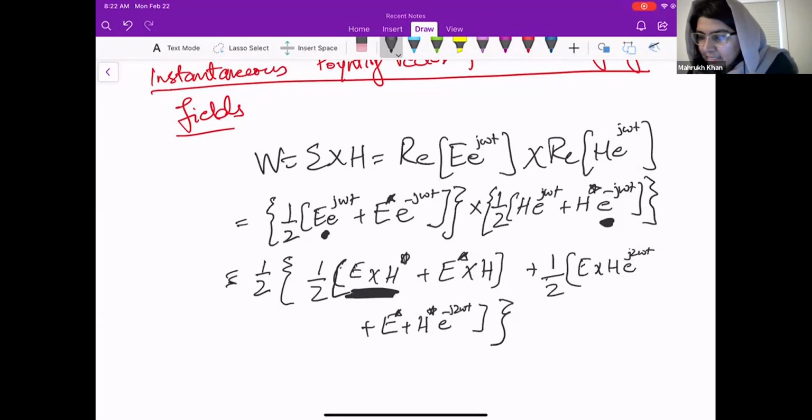If you see E cross E conjugate, when you are doing the cross, you are multiplying every term with every other term. So E conjugate times e^{-j omega t} multiplied with this one will give me this. And there are two 1/2s, so I take one 1/2 outside.